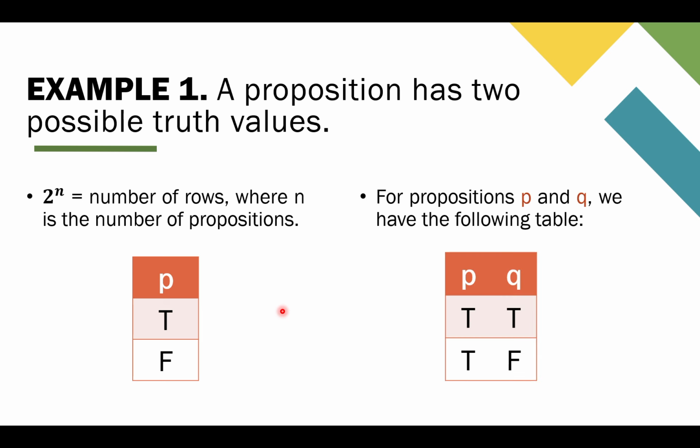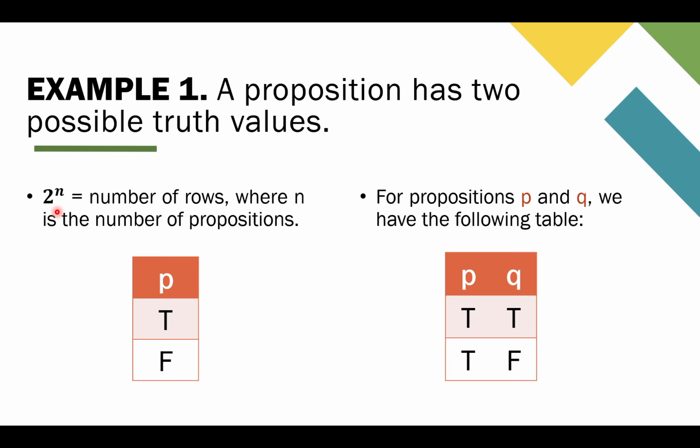Next. So for propositions P and Q, we have the following table. So we will be using this formula, class, when constructing a truth table. Remember this one, 2 raised to n. So let's say we have 2 propositions, P and Q. So anong ipa-plug in natin sa n?